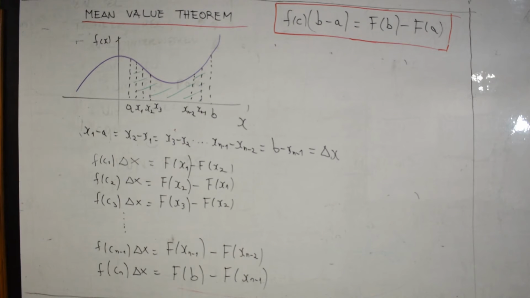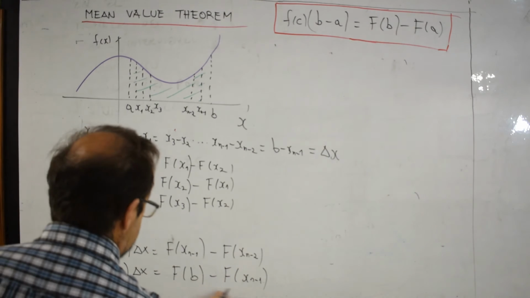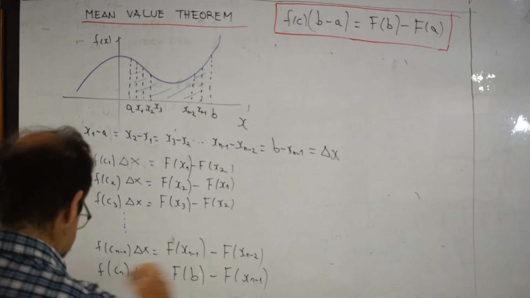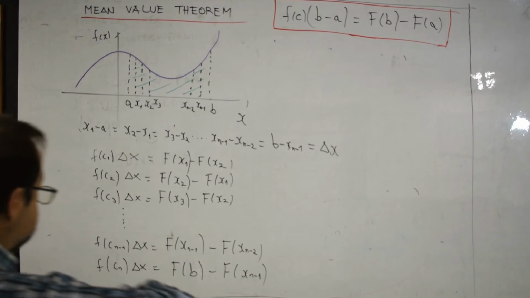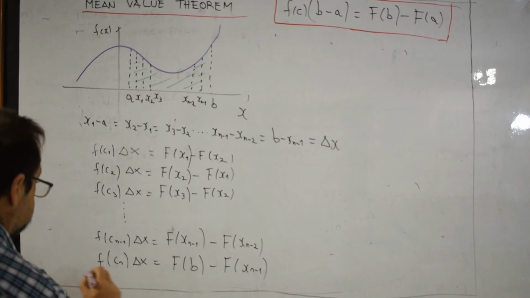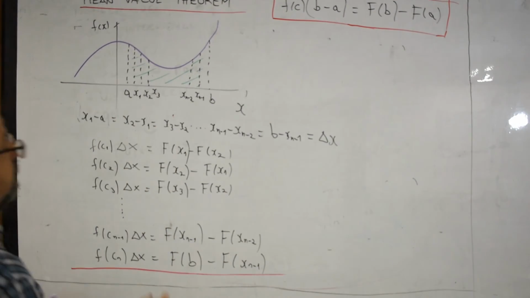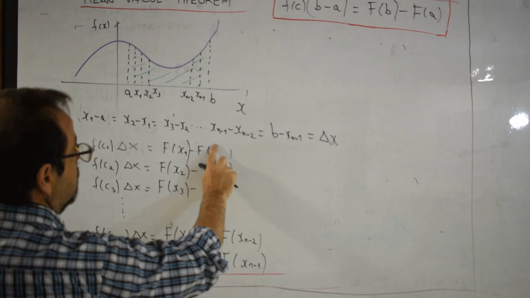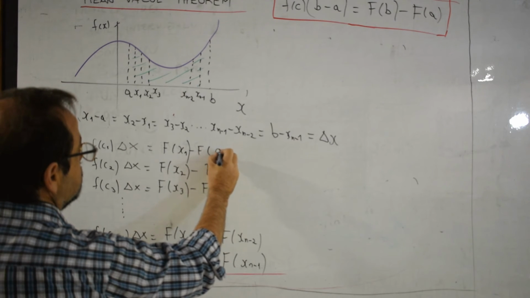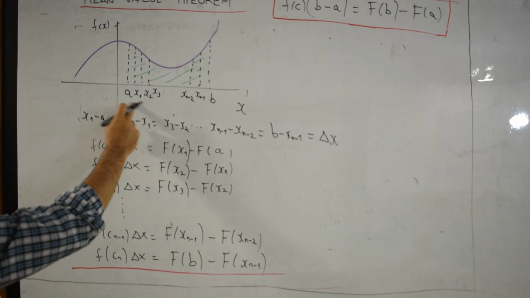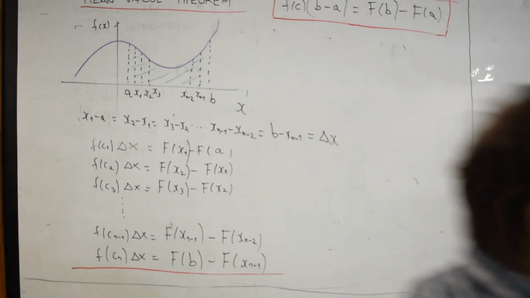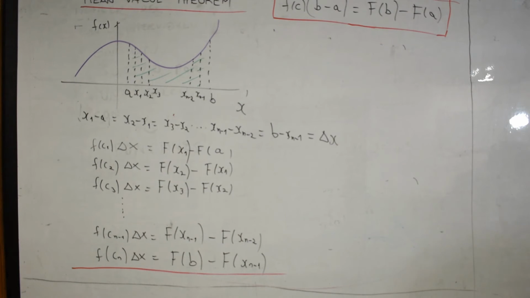If we add all this, we make a summation of all this. I'm going to write it here on my right. But it's something very interesting: this one cancels with this one. So here is a, because x1 minus a. Well, if we add all this, we can easily see that there are many things that cancel each other.